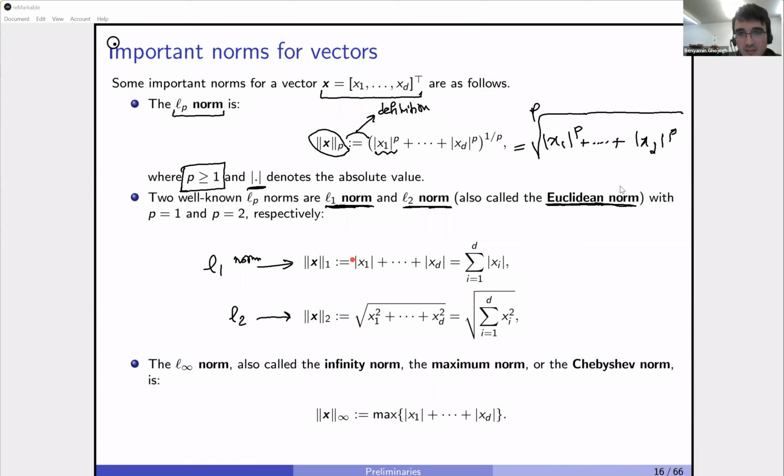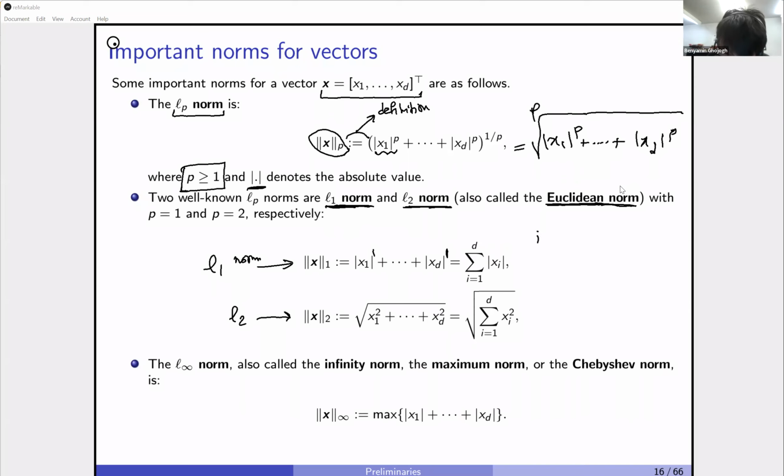For the L1 norm, we don't have this root anymore, because the first root is itself. So the root goes away, and we'll have the summation of absolute values, and these are powers of 1. This is the L1 norm. So as you see, there is a very similar relation between the L1 norm and the absolute value.